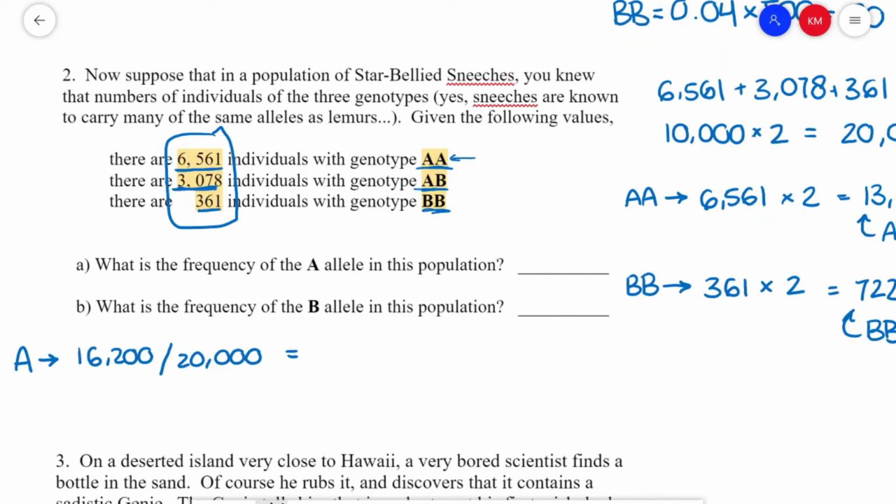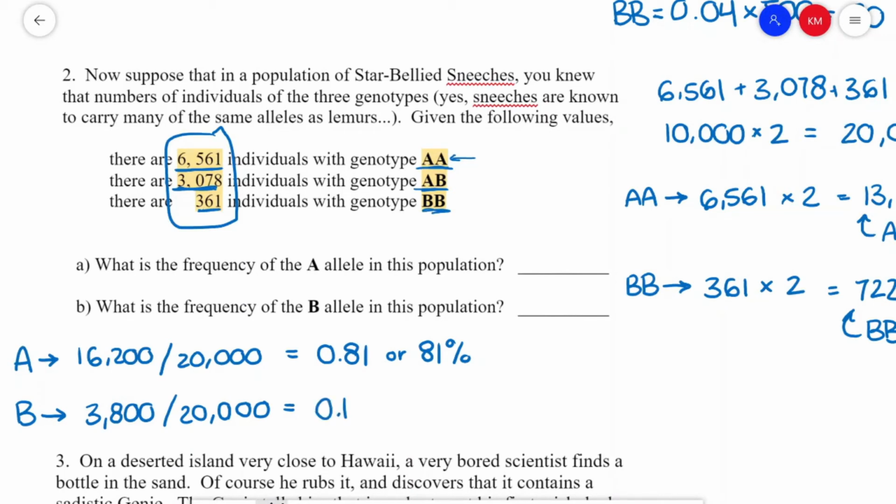So 16,200 divided by 20,000 is going to give you 0.81, or 81%, you could write. And then we do the same thing for B. We said we have 3,800 B alleles out of 20,000 total alleles. And if you punch that into the calculator, you should get 0.19, or 19%.